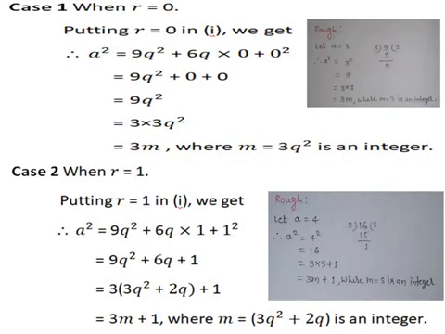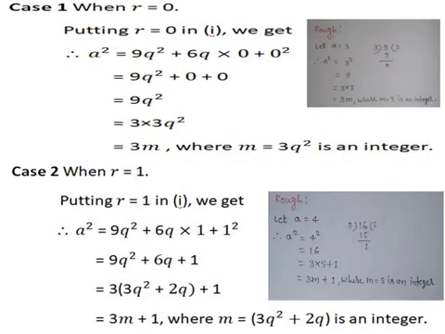Case first, when r is equal to 0, putting r is equal to 0 in equation first, we get a square equal to 9q square plus 6q into 0 plus 0 square, equal to 9q square plus 0 plus 0, equal to 9q square, equal to 3 into 3q square, is equal to 3m, where m is equal to 3q square, an integer.